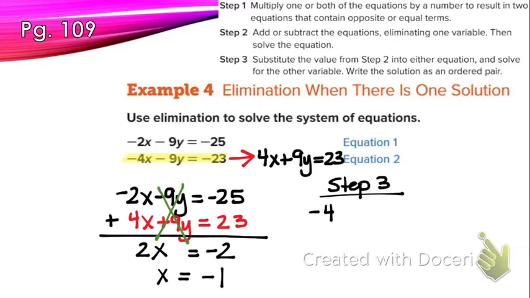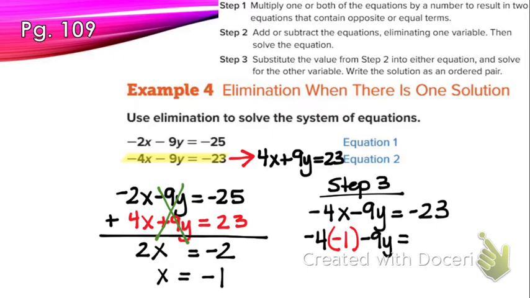So the equation is negative 4x minus 9y, and I'm just rewriting what's in your book just to make sure you understand why. So negative 4, and then they substituted in the negative 1. So that would be a positive 4. So now, what goes on that next blank?